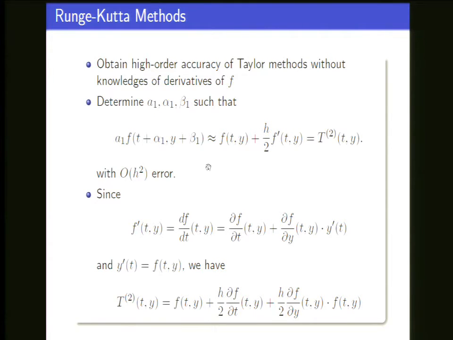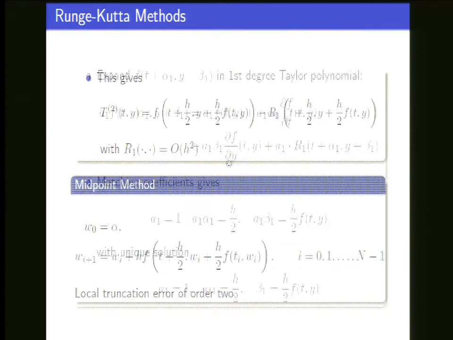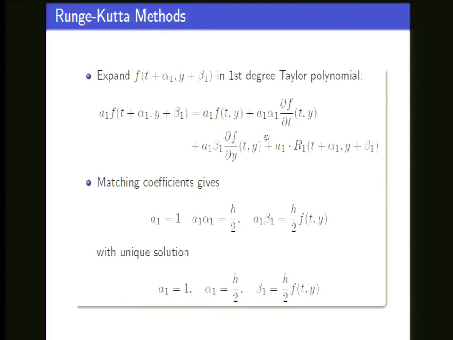If you want to go one step further, let's look at what the terms are here. There is an extra h multiplying this in the method. Remember the Taylor method? They've removed an h, but there is an h multiplying this entire thing. Euler is just h times f, right? So this becomes h squared. So by just keeping the first order terms, you actually end up getting a second order accurate method.